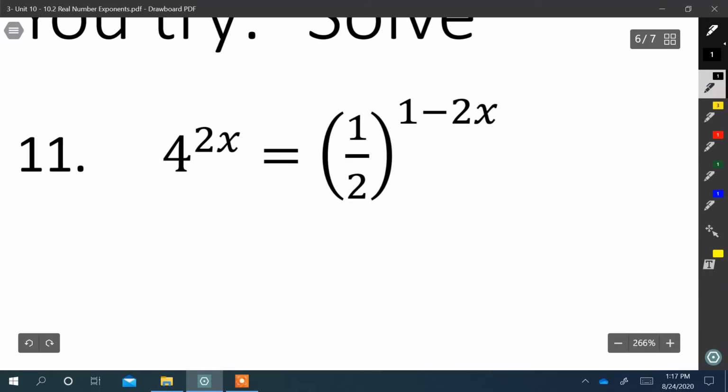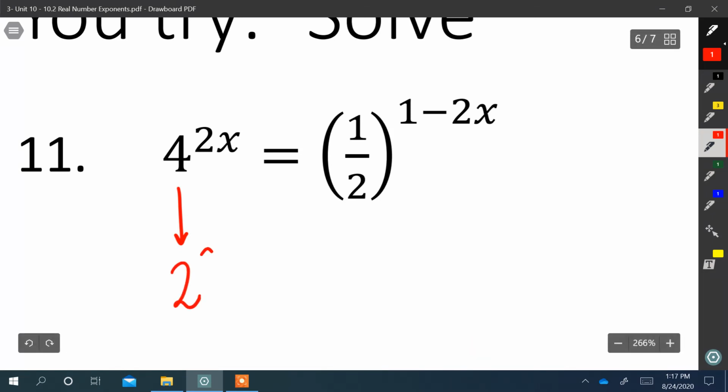Let's take a look at this problem right here. It looks pretty difficult, but all we have to do is figure out what the base is going to be, and then we have to solve for x. Okay, so let's take a look at this. Since I have a 2 right there, I see that the best base for this one will be 2. So I'm going to rewrite that 4 in terms of 2.